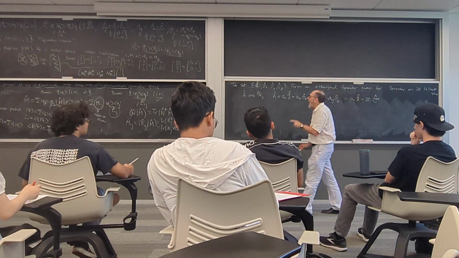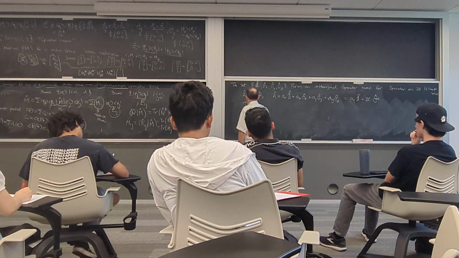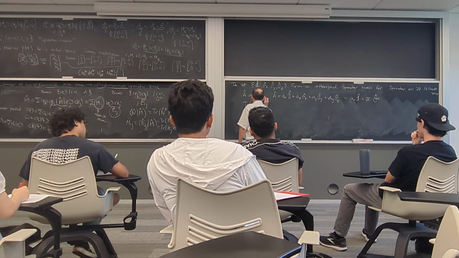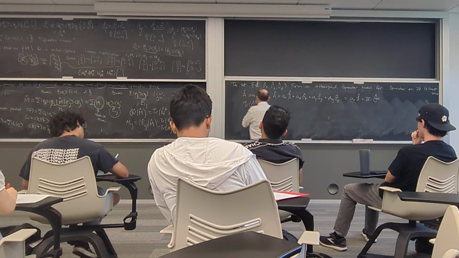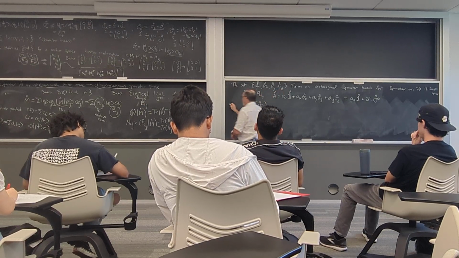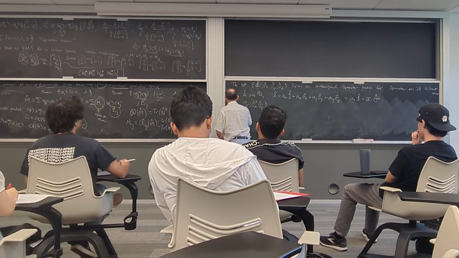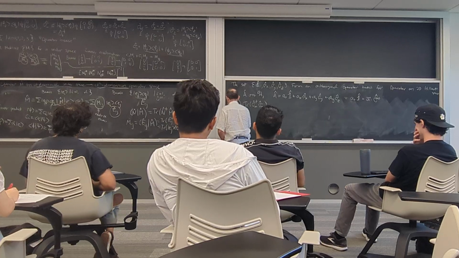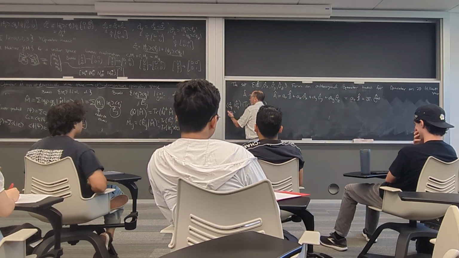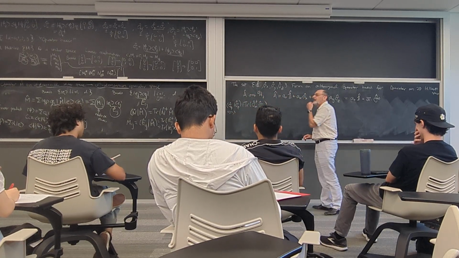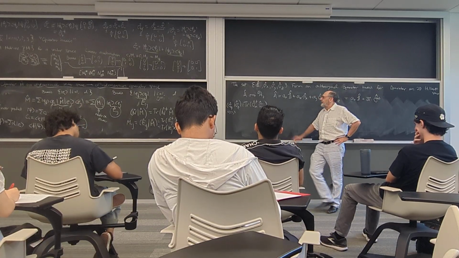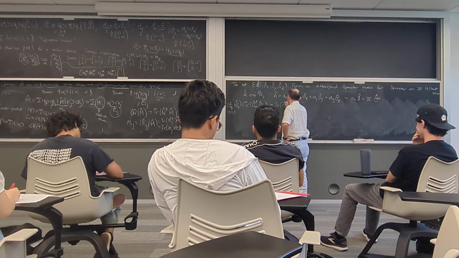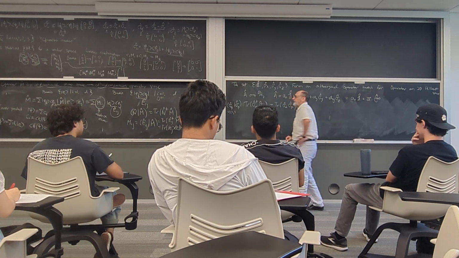So let us look at the trace inner product between any two of these, alpha and beta, where alpha and beta can be 0, 1, 2, or 3, meaning the identity, sigma x, sigma y, sigma z. I want to take that trace inner product, and every one of the Paulis and the identity is Hermitian, so I don't have to worry about that. And what is the trace of this?